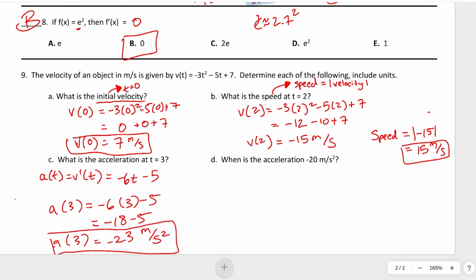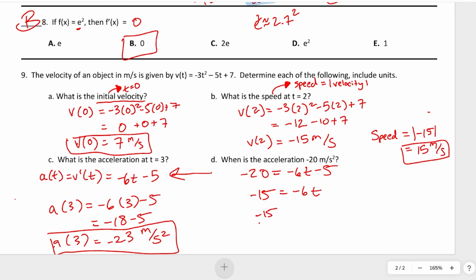Letter D says, when is the acceleration negative 20 meters per second squared? So we're going to take our acceleration function that we found in part C and set it equal to negative 20. So when is negative 20 equal to negative 6t minus 5? This is just a real basic linear equation we can solve. We're going to add 5 to both sides, and then divide both sides by negative 6.